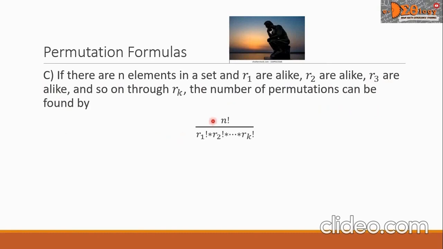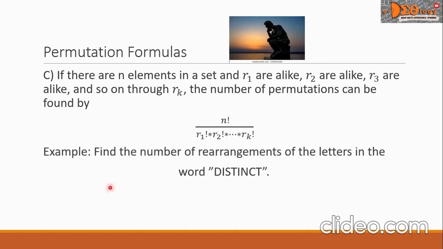In the numerator is n factorial, all over the denominator r sub 1 factorial times r sub 2 factorial times up to the last factor, which is r sub k factorial. Let us have an example.